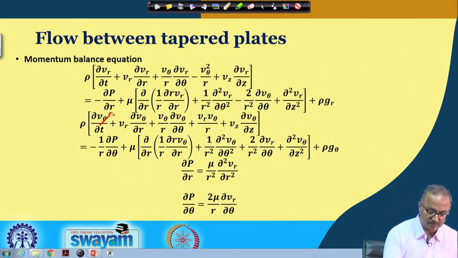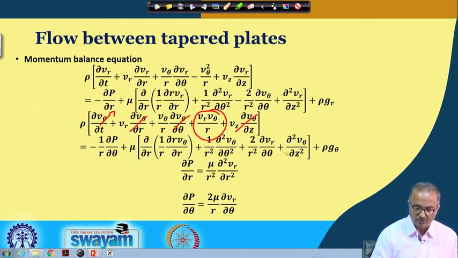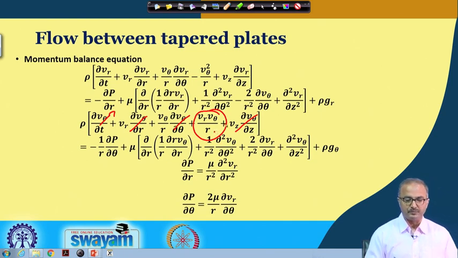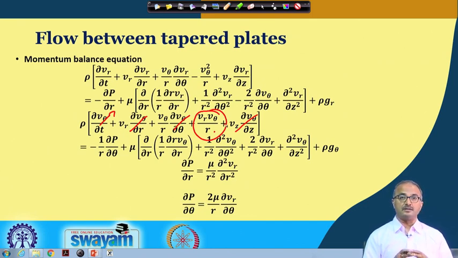So all these terms go to 0, and another term comes which I am explaining. This term signifies the Coriolis force. Coriolis force happens whenever two motions are combined: one is radial motion and one is theta direction motion.